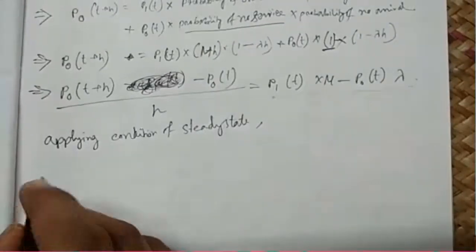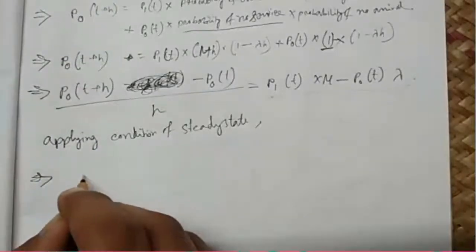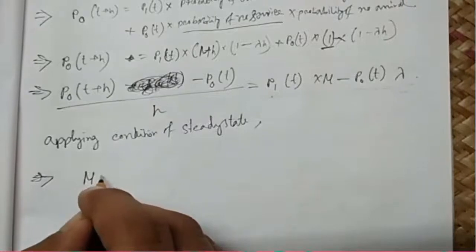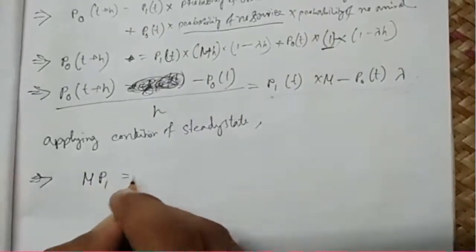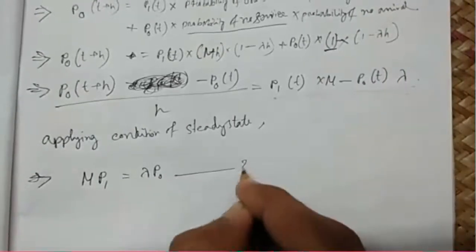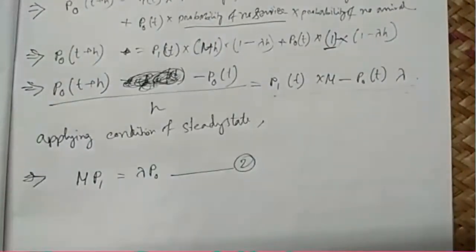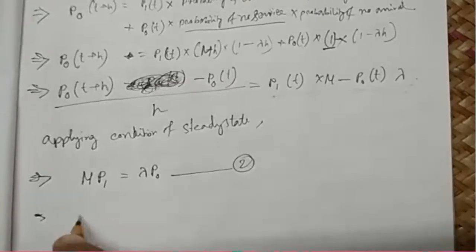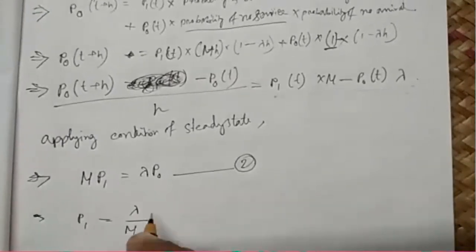So we can write mu into P1 will be equal to lambda into P naught, and that will be our equation number 2. Okay, clear? So from here we can also write that P1 is equal to rho by mu into P0 or P naught.